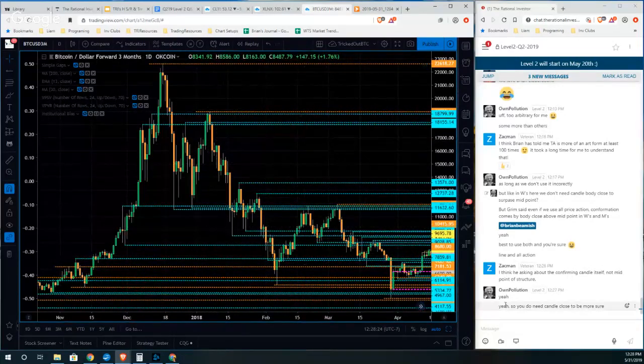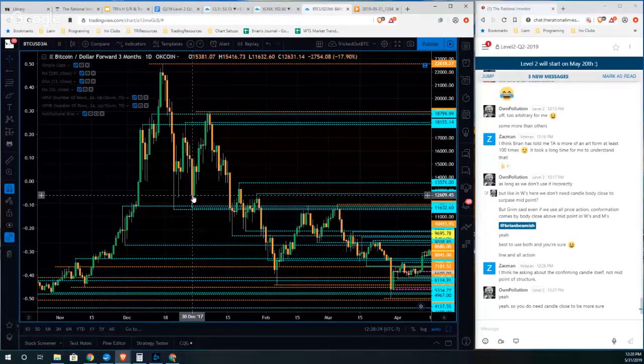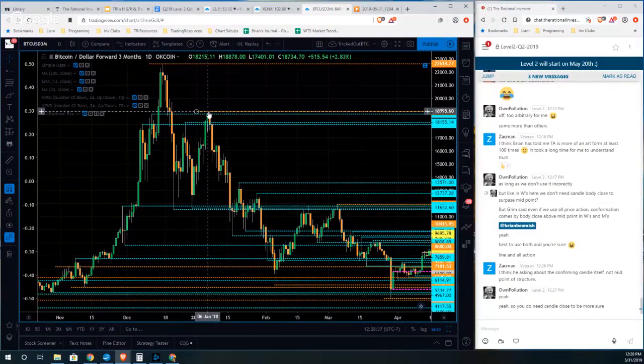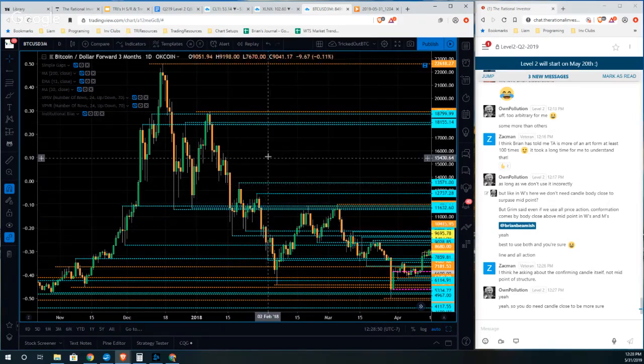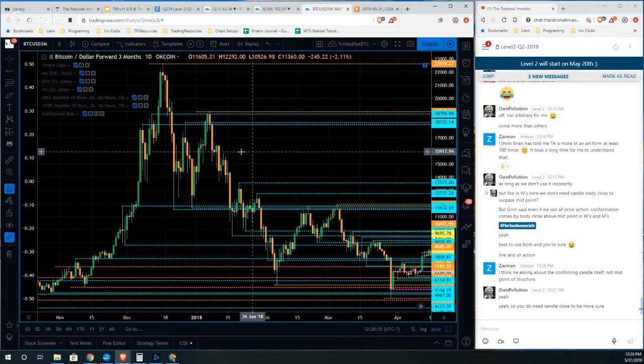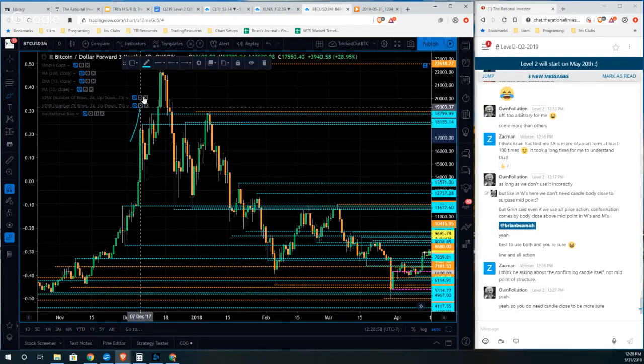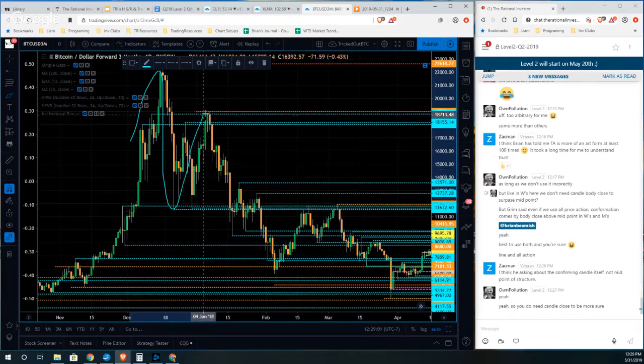Well, like you said, so do you need candle close to be more sure? Well, in this particular case, you'd go, well, that is an M, right? The candle closes there, but then we went and got busted out. So, no, right? Again, and this is me, I want to see wicks and tails, the whole pattern busted. Now, one thing you can do, and I notice Thomas likes to do this, is let the M come in, and it's a big one off of wicks and tails.